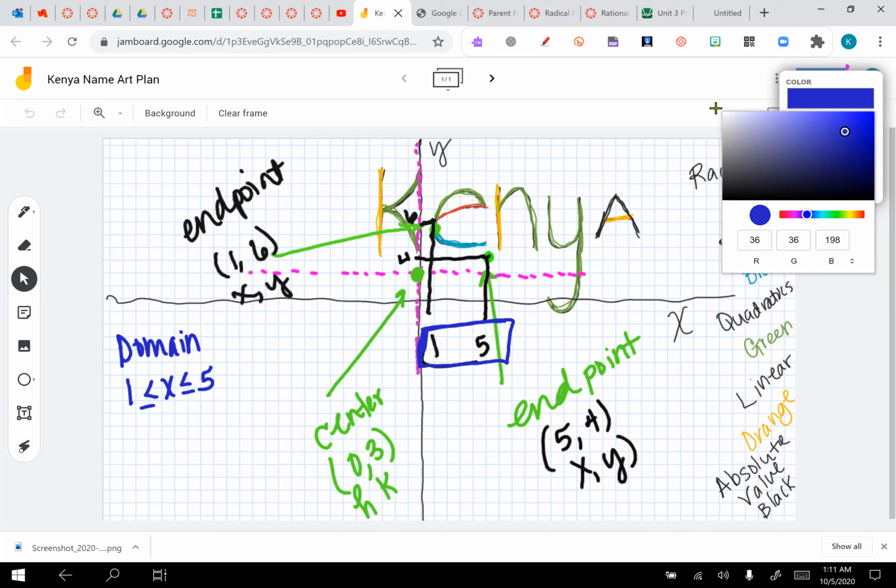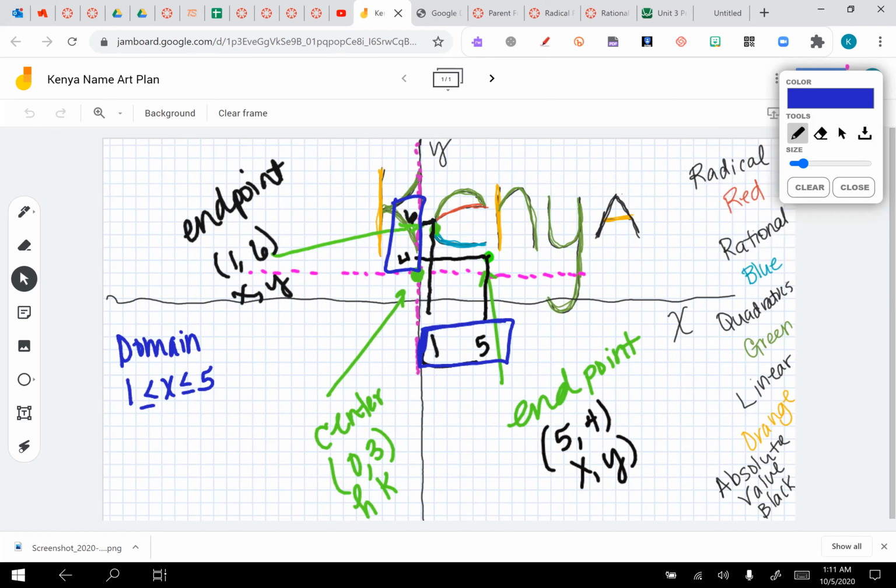And my range is the values of the two coordinates that I'm looking at, because remember, I'm looking at these points right here. This point was 1, 6 and this point was 5, 4. So my domain is going to be the 1 and the 5, right?